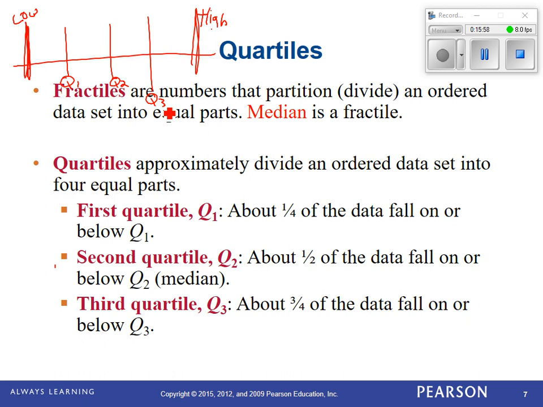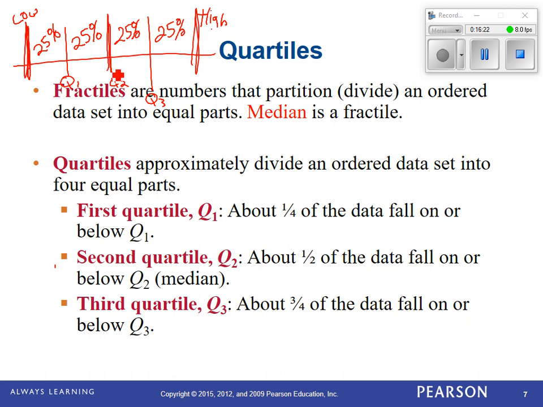What those tell you when you're looking at quartiles is that 25% of the data falls in this range, 25% of the data falls in this range, 25% of the data falls in that range, and 25% falls in that range. That's all quartiles are.